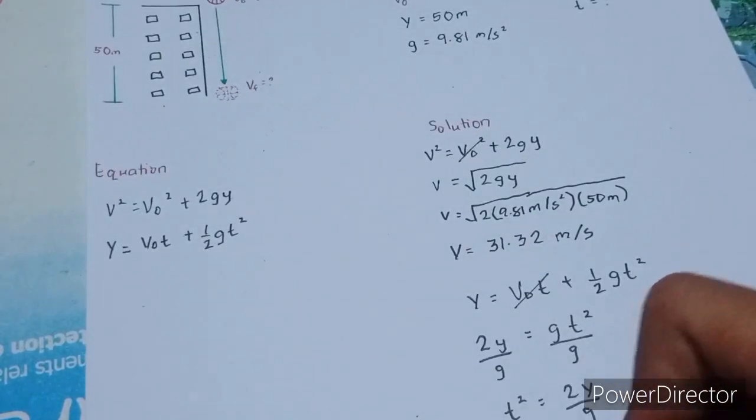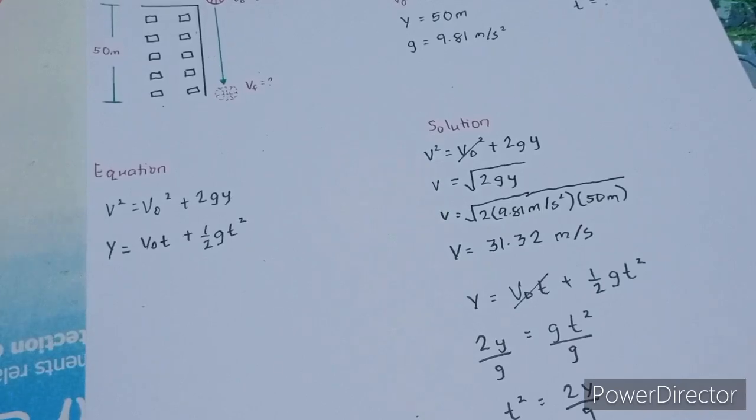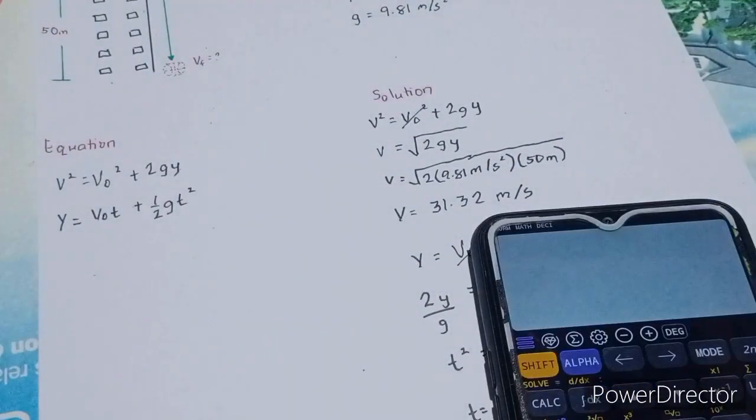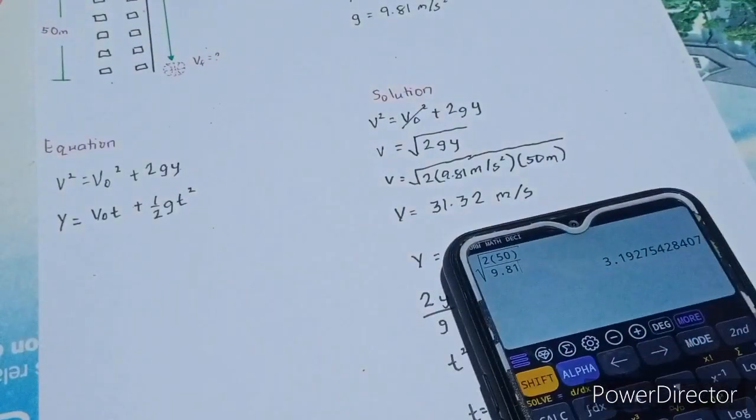Substitute the values of y and g: square root of 2 multiplied by 50 meters all over 9.81 meters per second squared. We have 3.19 seconds.